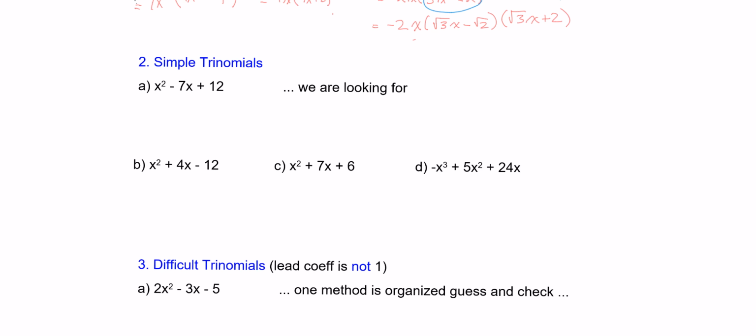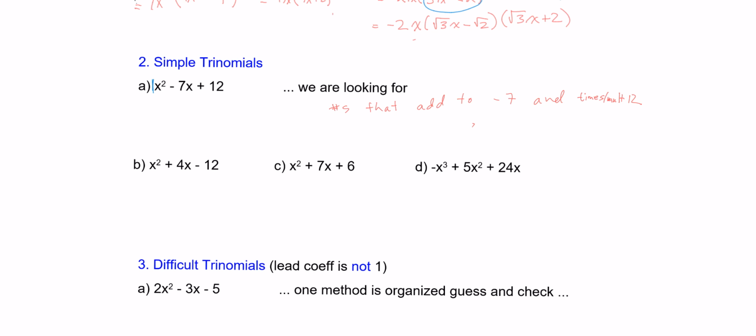What we're looking for here: you notice that the coefficient in front of this is 1. Because it's 1, all we're looking for is numbers that add to negative 7 and multiply to 12.